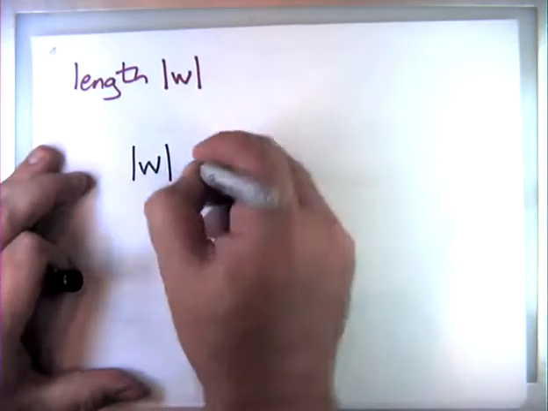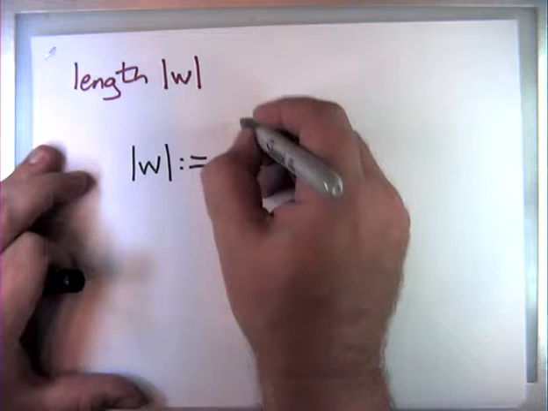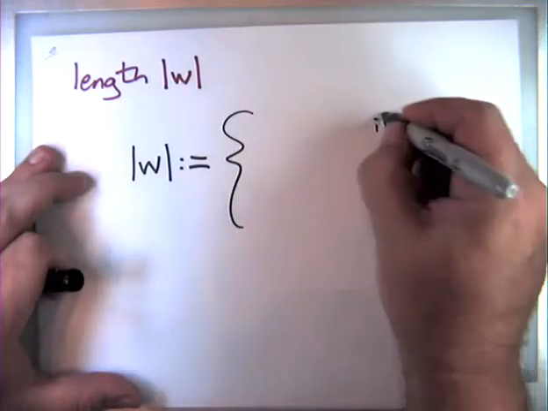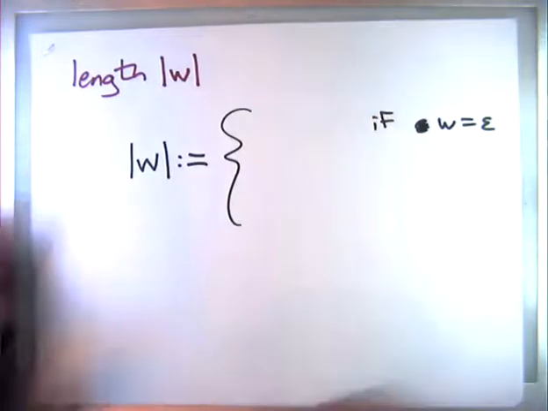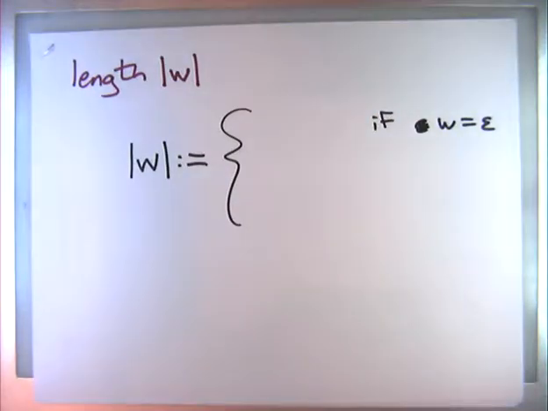The length of a string is defined to be one of two things. Now, the two cases of the definition correspond to the two cases in the definition of a string. If it's a string, it's either empty or it isn't.